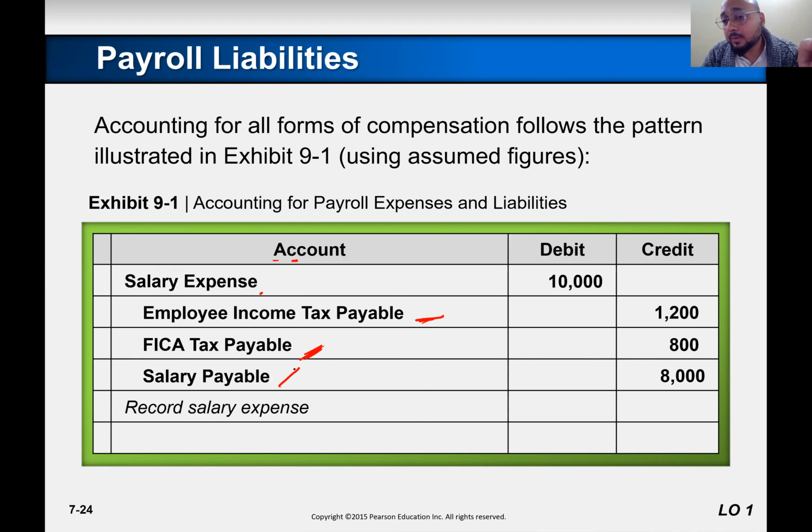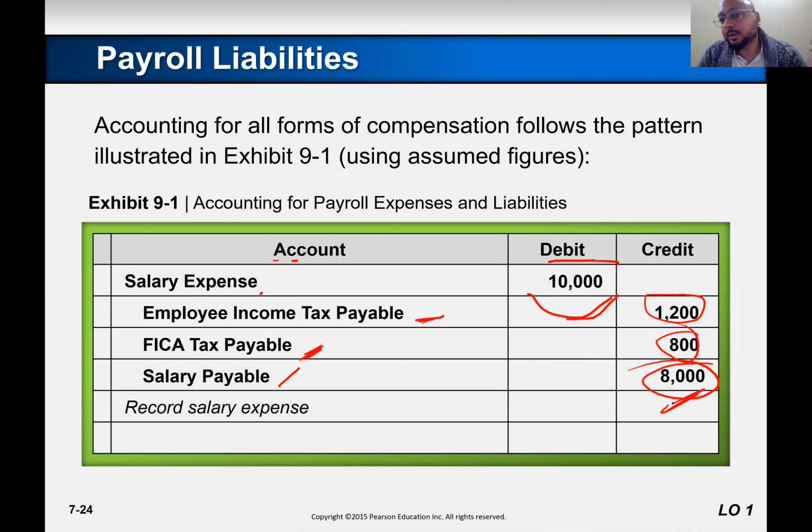So the employee will receive salary 8,000. The rest is going to be pension payable, all these income taxes, this kind of stuff, right? So the total salary of the employee is 10,000, but he will receive 8,000. The rest of the 2,000 is split into other payable liabilities, right?